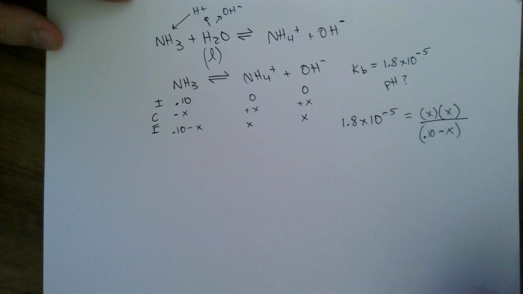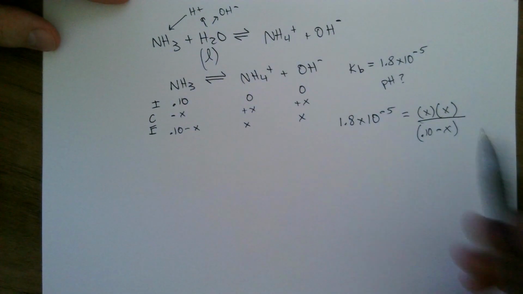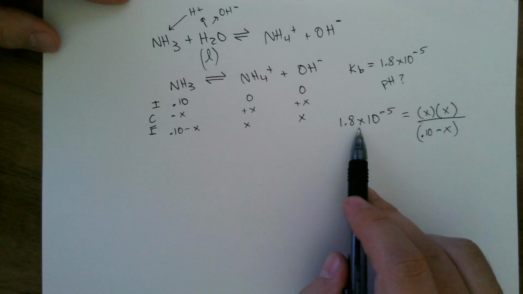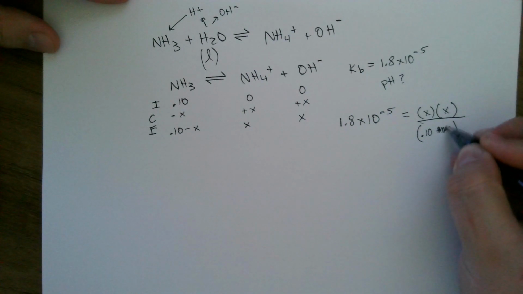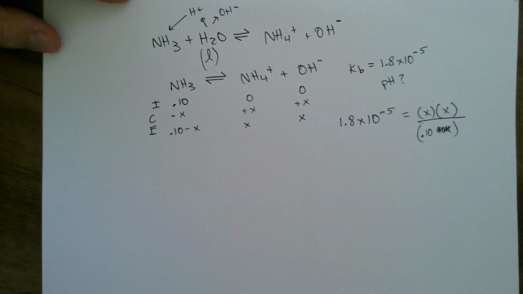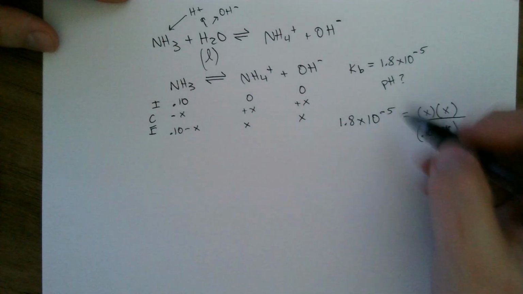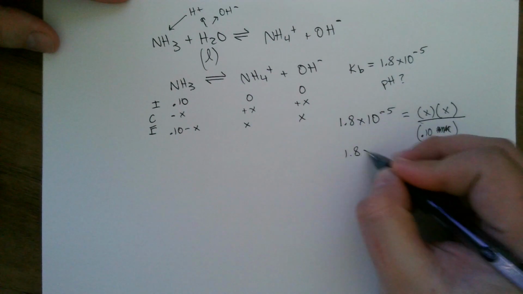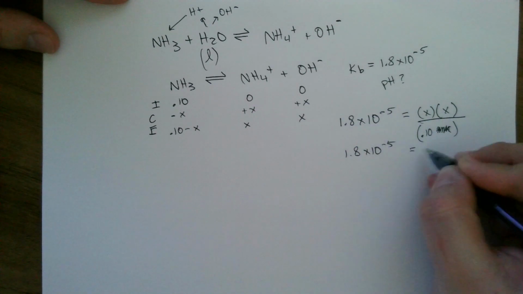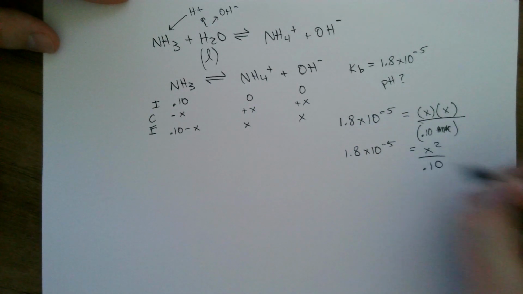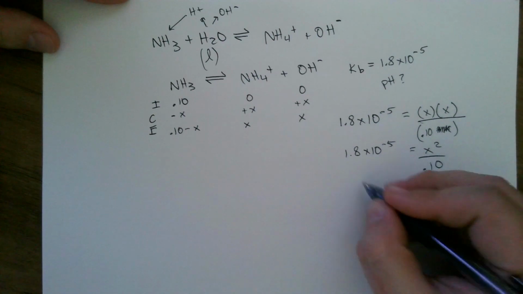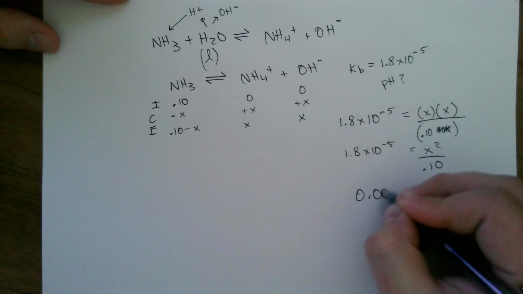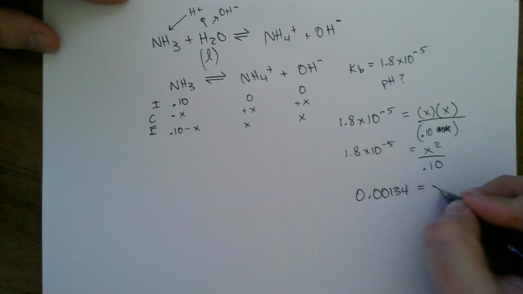Now I can solve this fully using the quadratic formula, or we can make that approximation. Kb is a very small number here, 1.8 times 10 to the minus 5. That is small enough to let us get rid of this minus x to make our math easier. Let's solve for x. 1.8 times 10 to the minus 5 equals x squared over 0.1. Multiply the 0.1 up here and take the square root. I get 0.00134 equals x.